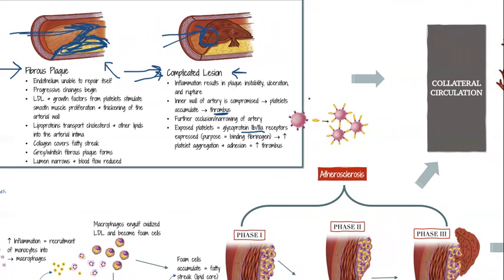If you look at this, let's say this is your platelet. These are your glycoprotein receptors, and they bind to this little guy here, which is your fibrinogen.